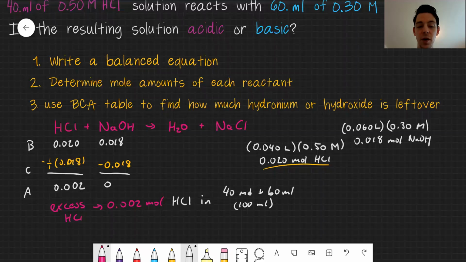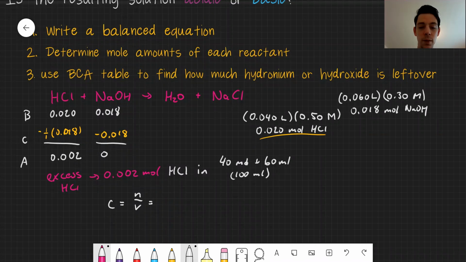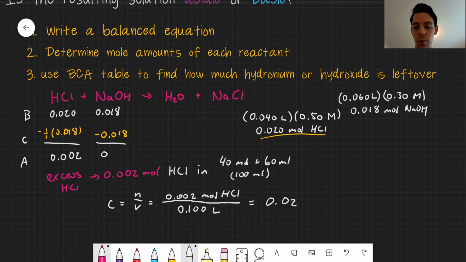Okay, I could find the concentration of that. C is moles over volume, 0.002 moles HCl over 100 milliliters, or 0.1 liters. This comes out to be 0.02 molar HCl.